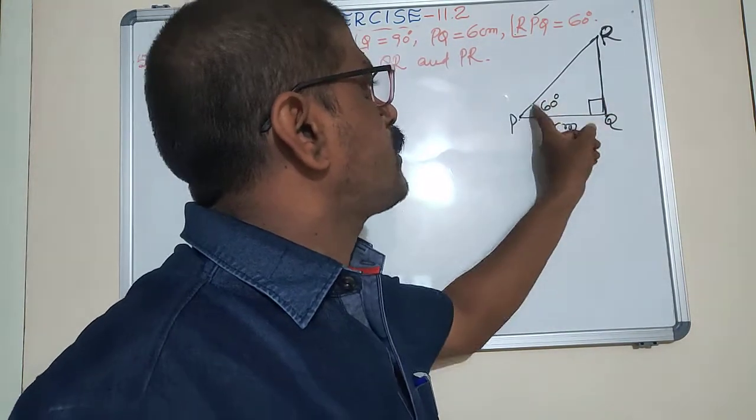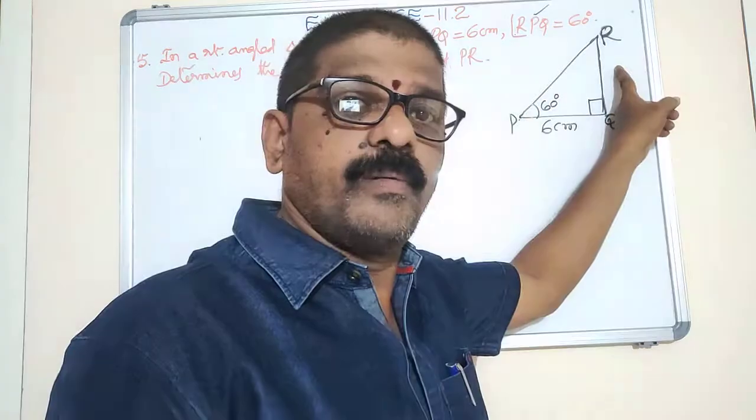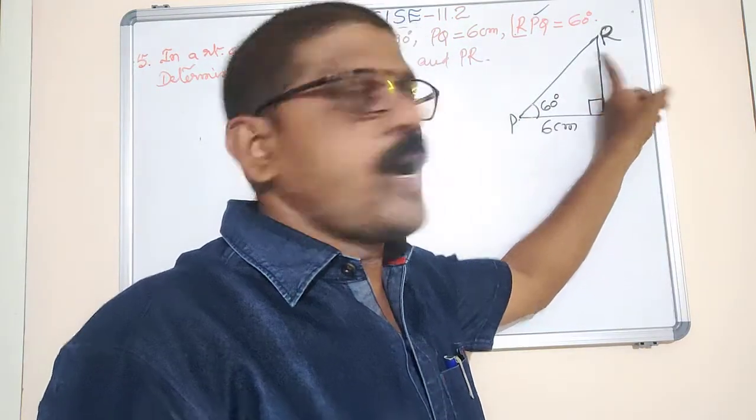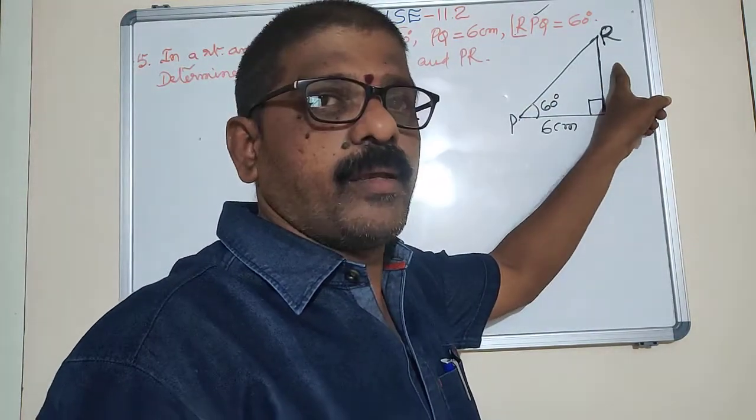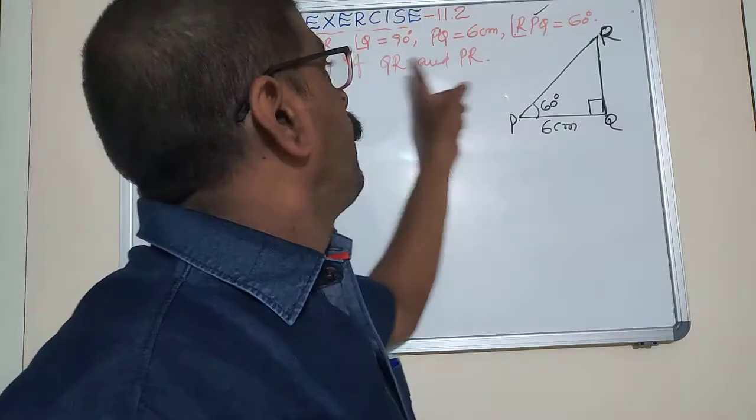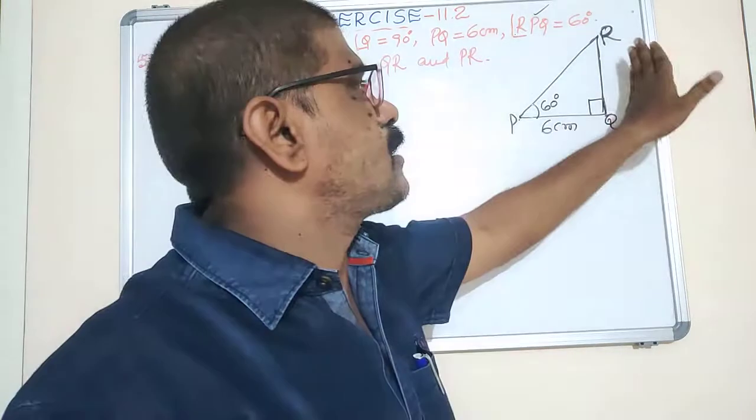QR is the side opposite to angle P. We want QR and PR. This is QR.